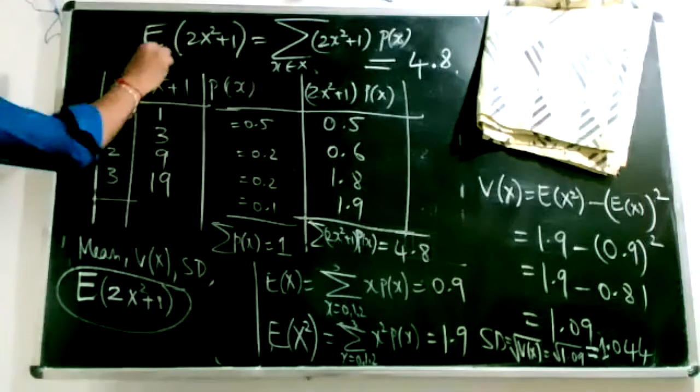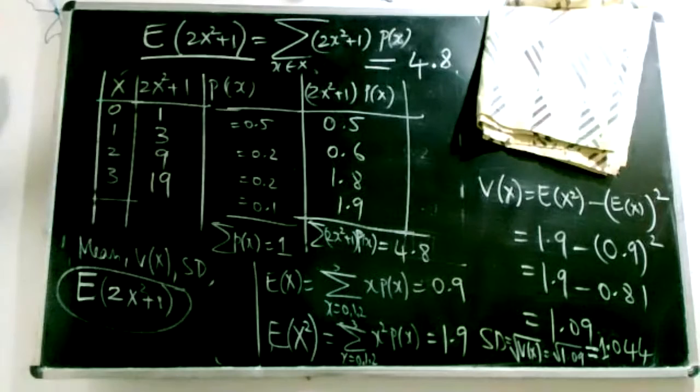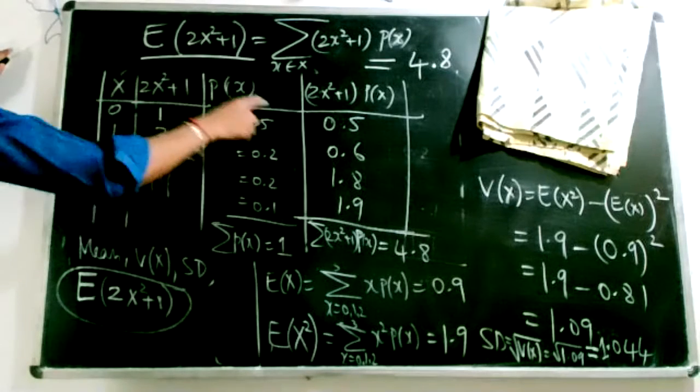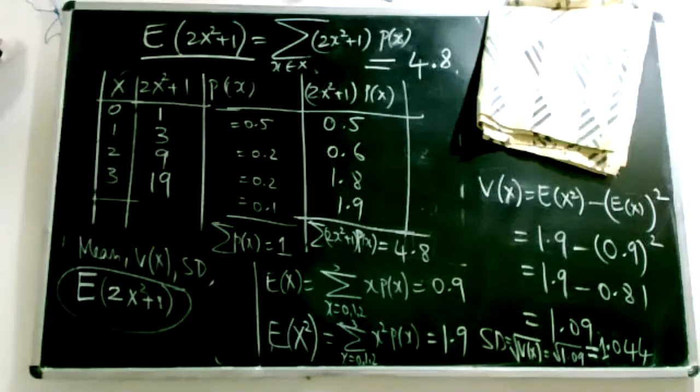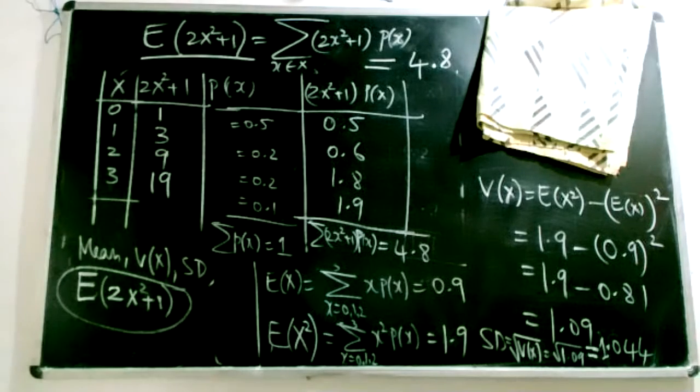So whatever the function and the expectation they have asked, just use the definition, obtain that column and multiply that column with p of x, obtain the total. That total is your expectation of any g of x.